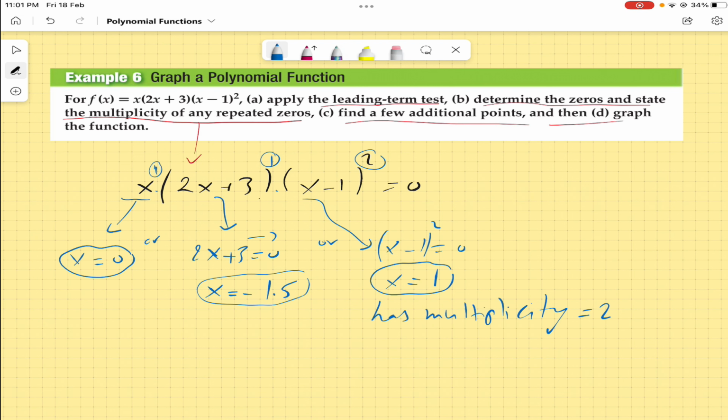I'm gonna take 1 point in each interval. Let's say negative 2. In the interval between negative 1.5 and 0, let's say negative 1. In the interval between 0 and 1, let's take 0.5. And in the last interval, we're gonna take 1.5 or 2, whatever.